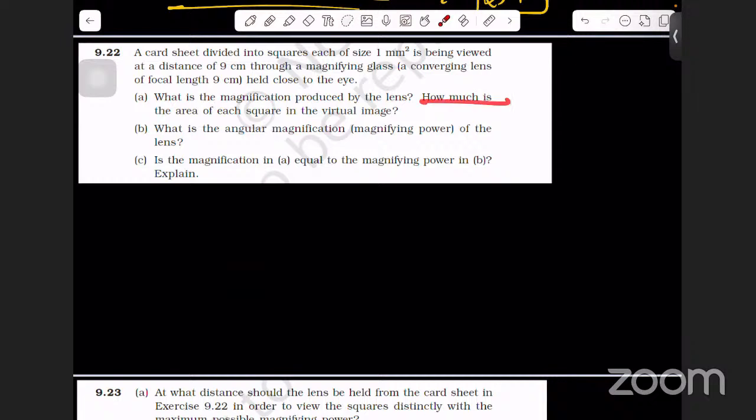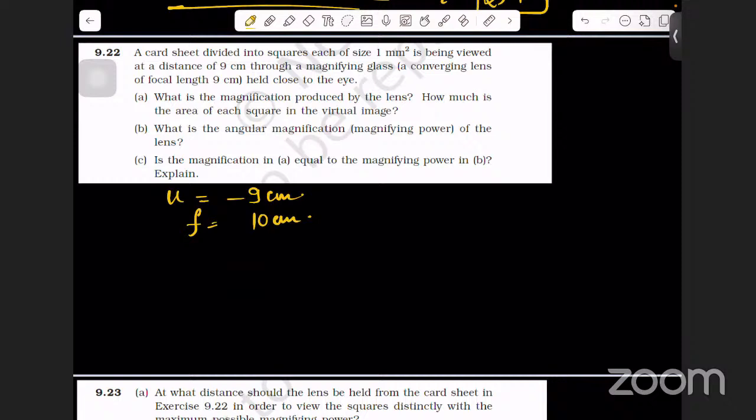And how much is the area of each square in the virtual image? So you have been given the object distance is minus 9 centimeters. Focal length, convex, so it is plus 10 centimeters.